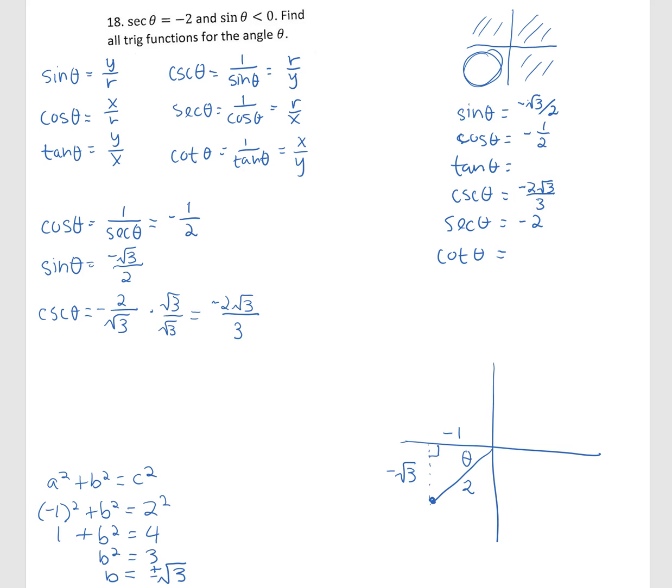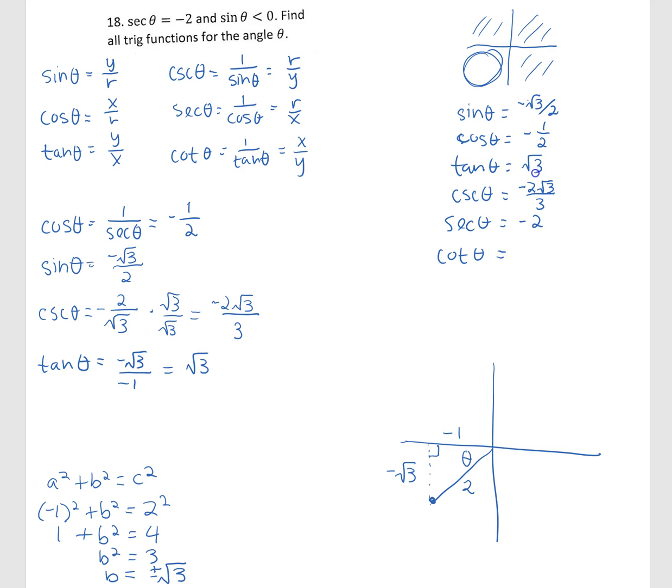And next we can find out tan theta. And we know that's just y over x, so that's going to be negative root 3 over negative 1 from these values here, and that's just going to be a positive root 3.